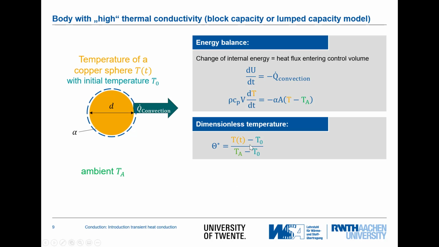And we know if we take the first derivative of that, we will end up with dT divided by TA minus T0. And if we want to replace this part here, we can also use T of t. Just remember that this orange T is always the temperature depending on time, and here it's only explicitly written to make that clear.